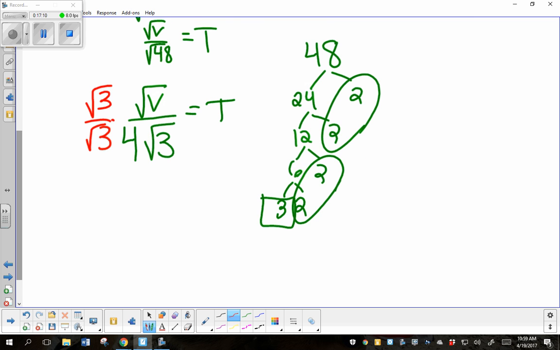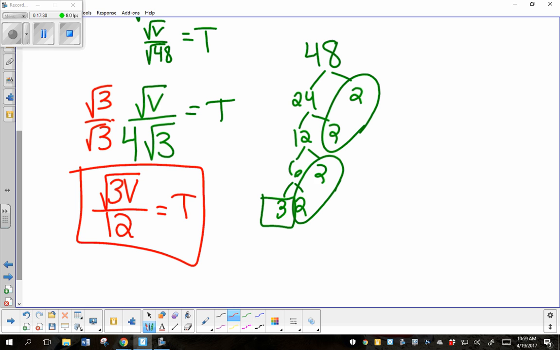So, root 3 times root v is just root 3v. And what's root 3 times 4 root 3? 12, because it's 4, and then root 3 times root 3 is 3, so 4 times 3 is 12. There we go. Nice, no square roots in the denominator.